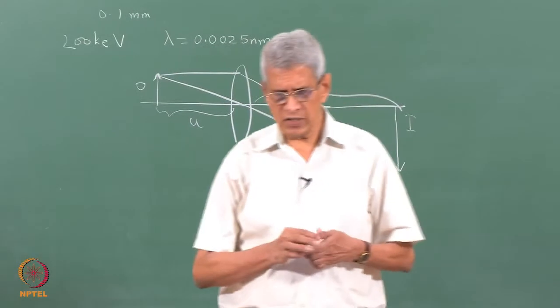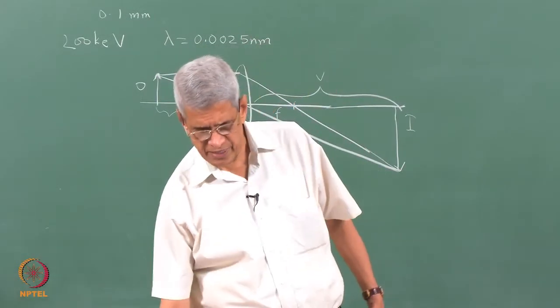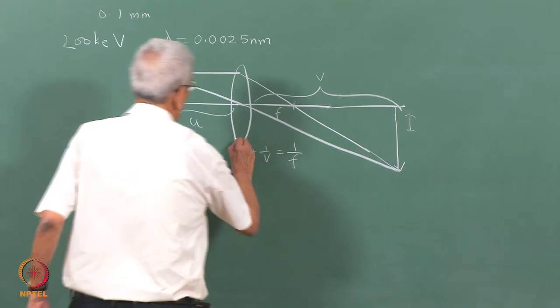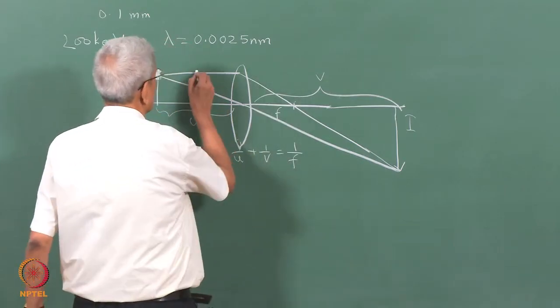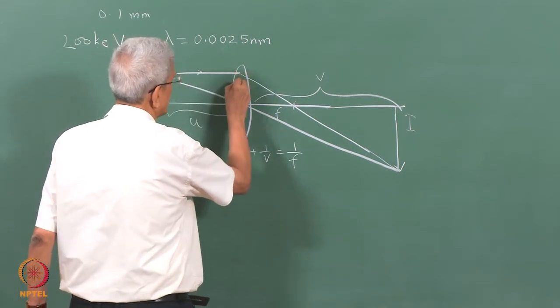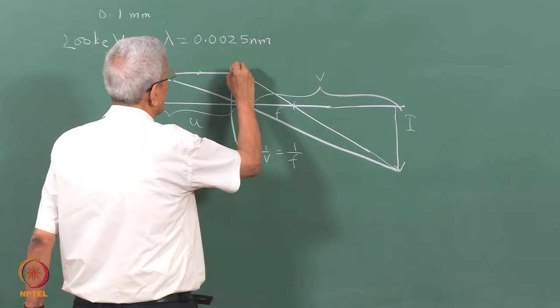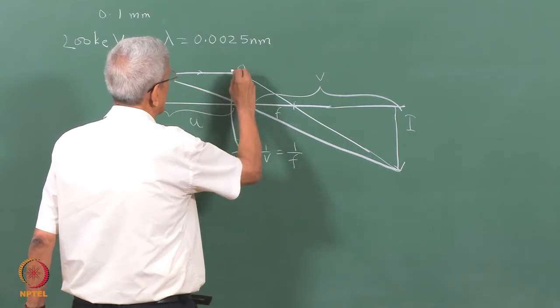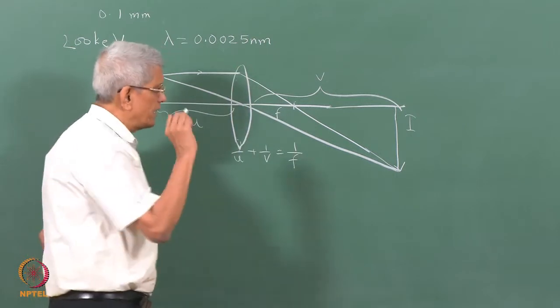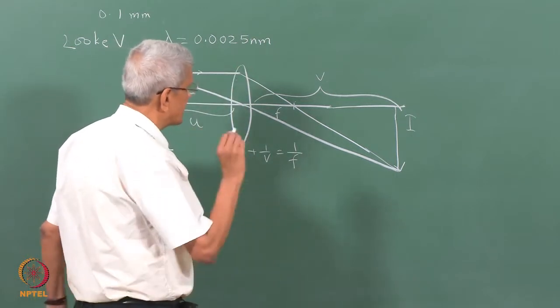But what one should understand is that when this image is being constructed, there is one condition: we call the rays paraxial rays. What does paraxial rays mean? When light from one medium, which is air, enters into the lens, since the refractive index is different, it has to obey Snell's law.